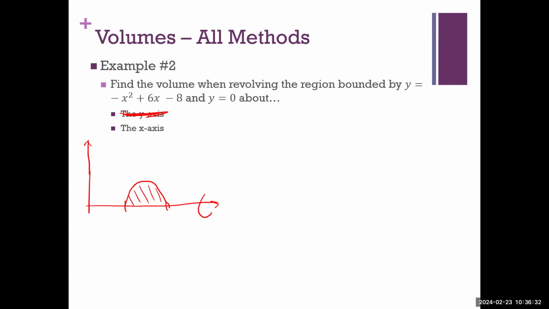The big change I'm making here is I don't want to wrap around the y-axis anymore. I want to wrap around the x-axis. So what are we going to do? Rectangle will be dy. We'll do dy rectangles. How come? Because it's the opposite of what we did. For dx, why would you prefer dx rectangles?